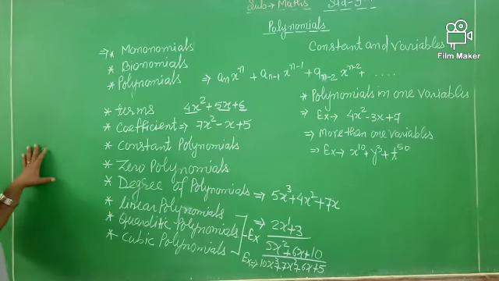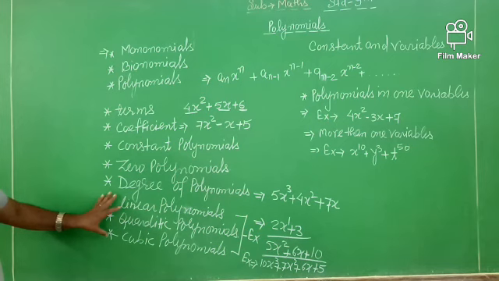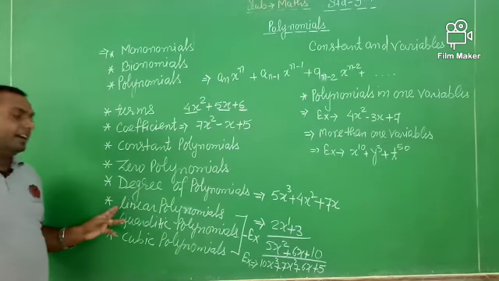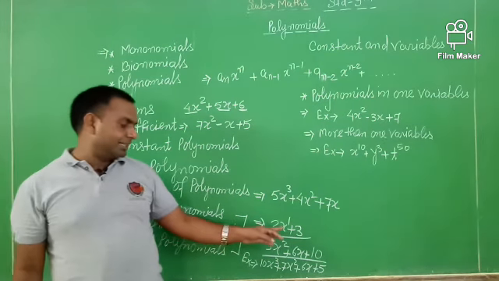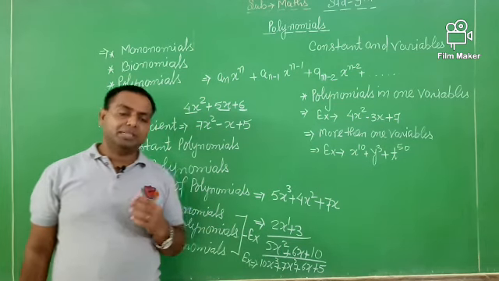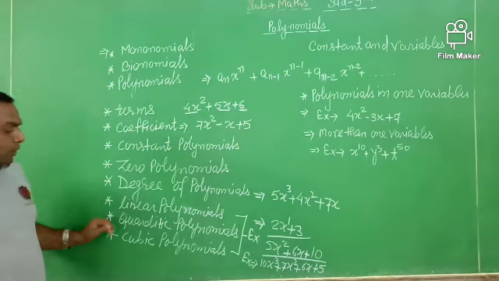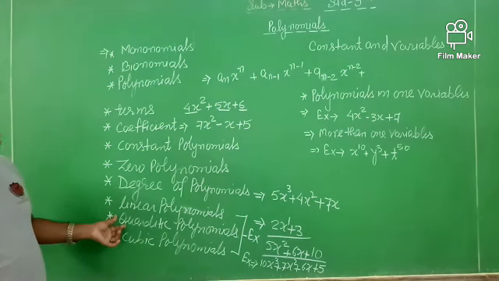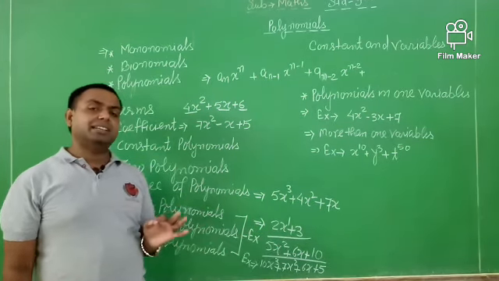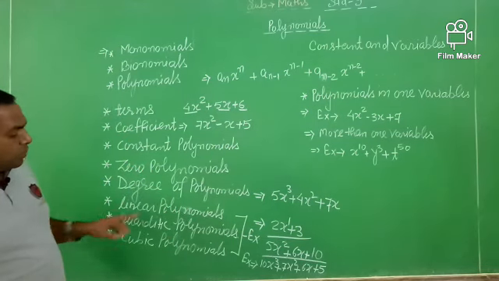So I repeat it again. There are three types of polynomials. First is called the linear polynomial: if the power of the variable is 1, then you can say this is a linear polynomial. Second, quadratic polynomial: if the power of the variable is 2, then you can say this is a quadratic polynomial.